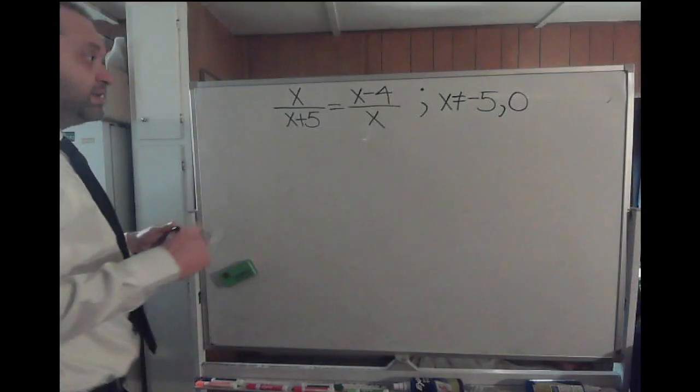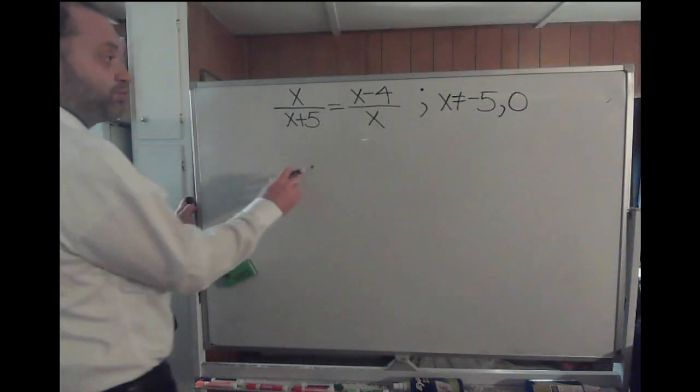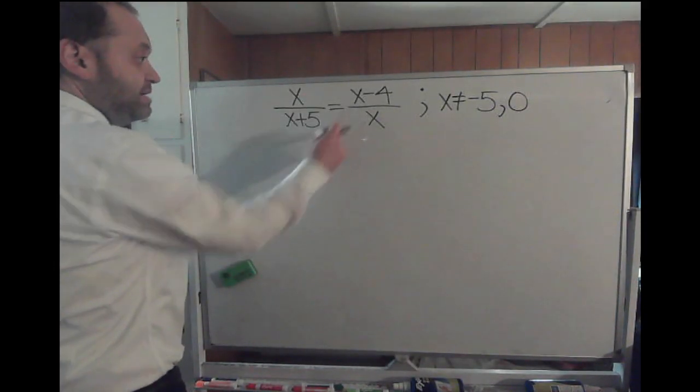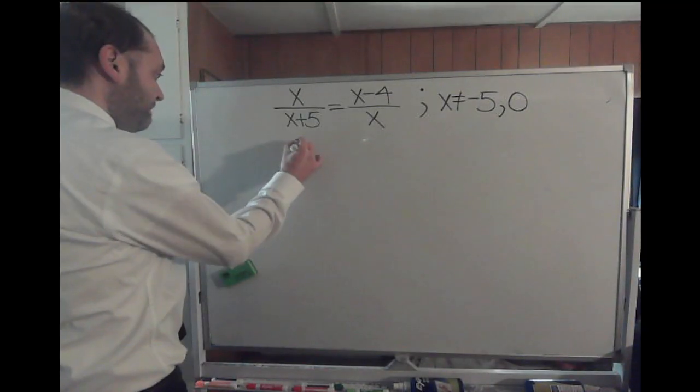So let's do this here. Take the product of your means, which would be x times x. We know that's x squared.